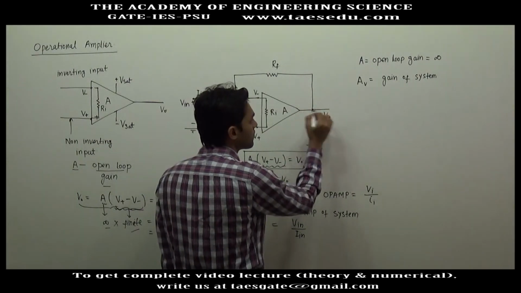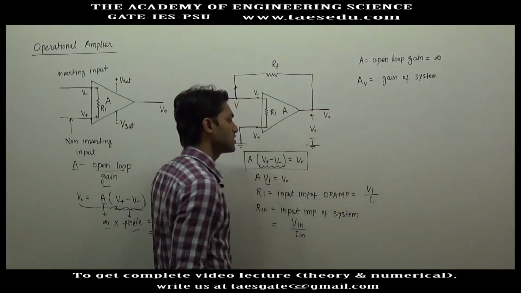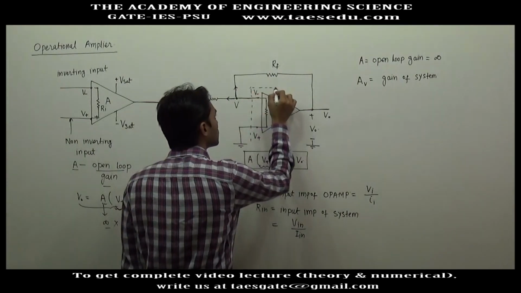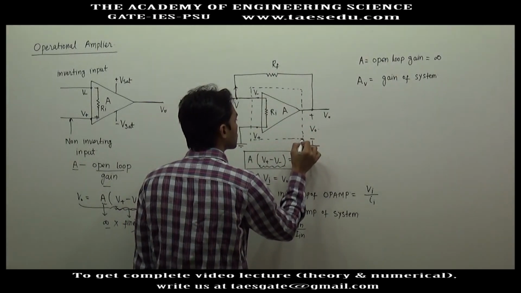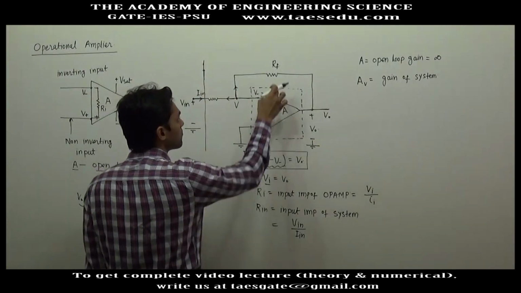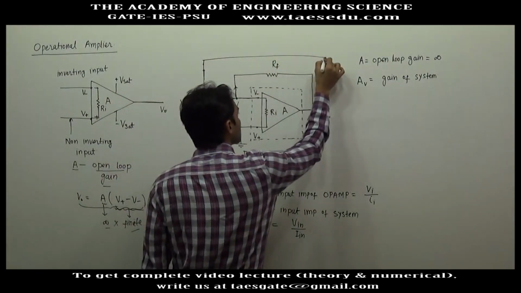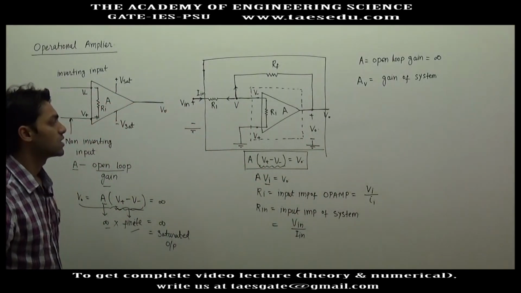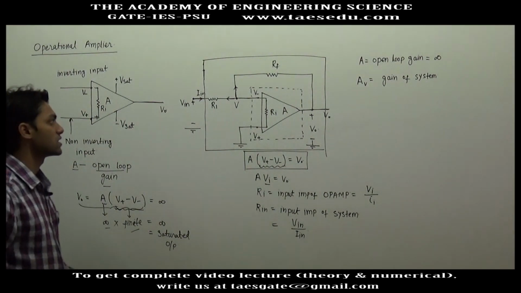In this case, the output voltage of the op-amp and the output voltage of the system are the same. If I draw a dotted line, this is our op-amp. Along with the op-amp, the feedback resistance and input resistance R1 make our system. So we can define gain, input impedance, output voltage and input voltage for the op-amp also and for the system also.